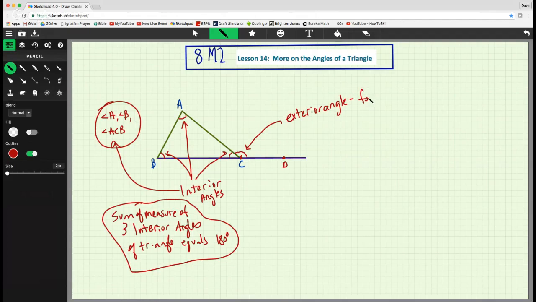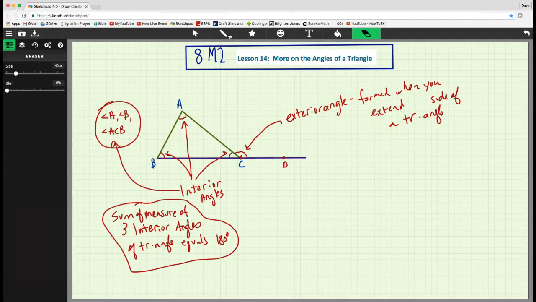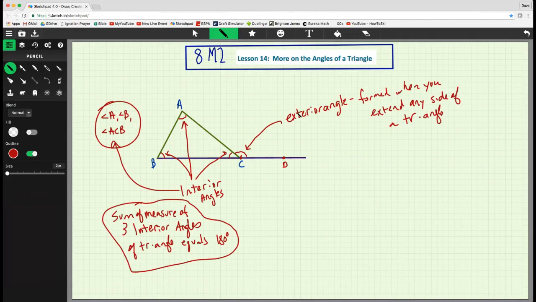And an exterior angle is formed when you extend the side of a triangle. And really, it's not just this side, it's any side, because we could have also extended this side. If we'd extended this side AC, we'd have this other exterior angle over here.